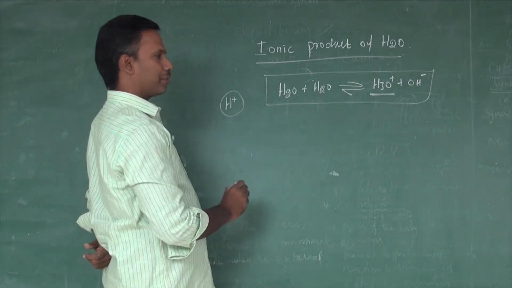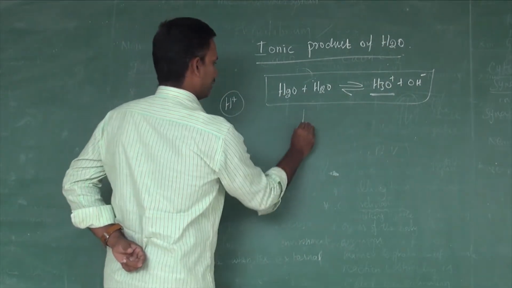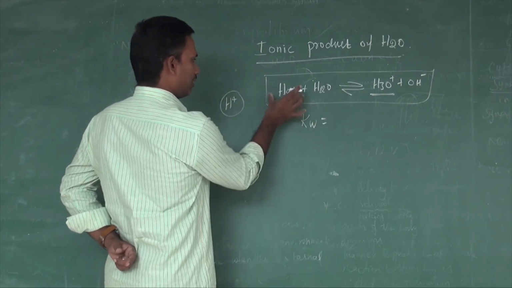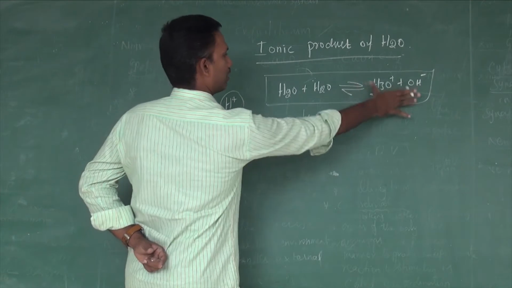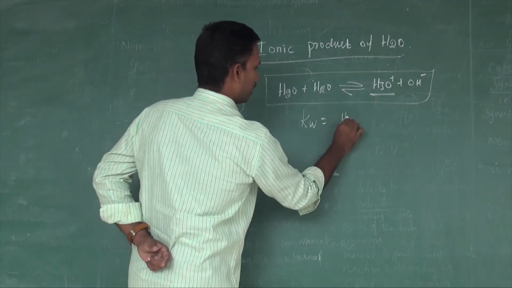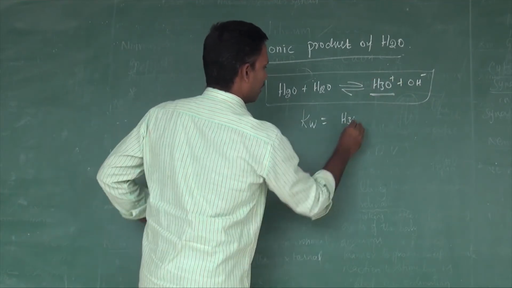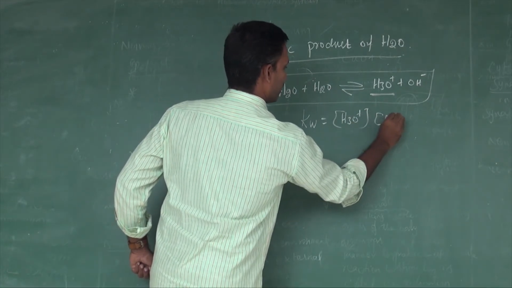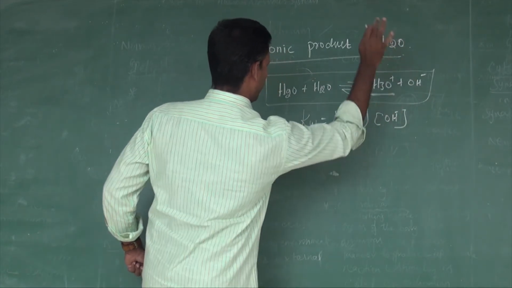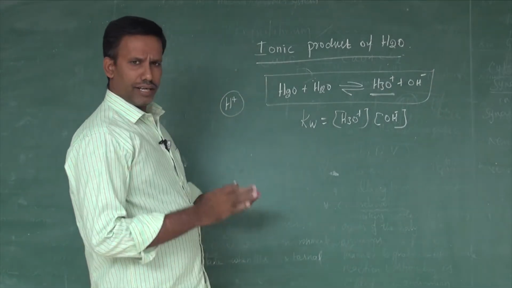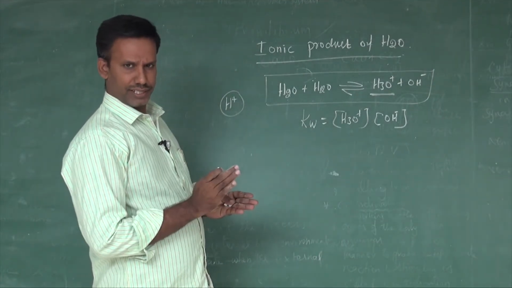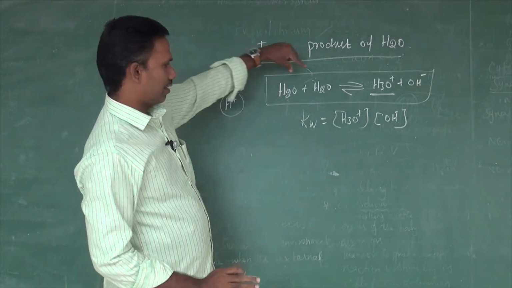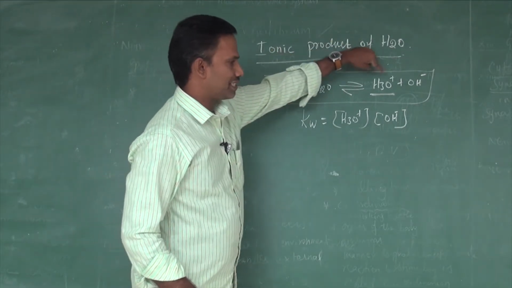What is called the ionic product of water? The ionic product is given by Kw. Kw is nothing but, after the ionization, what are the products? Hydronium ion and OH minus ion. Why is it called ionization? Ionization is the process where a neutral molecule becomes ions. See here, water becomes plus and minus ions.